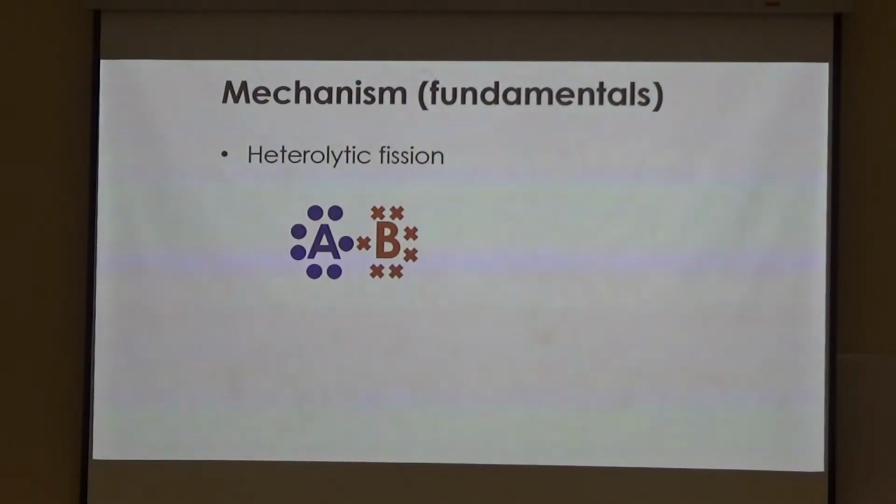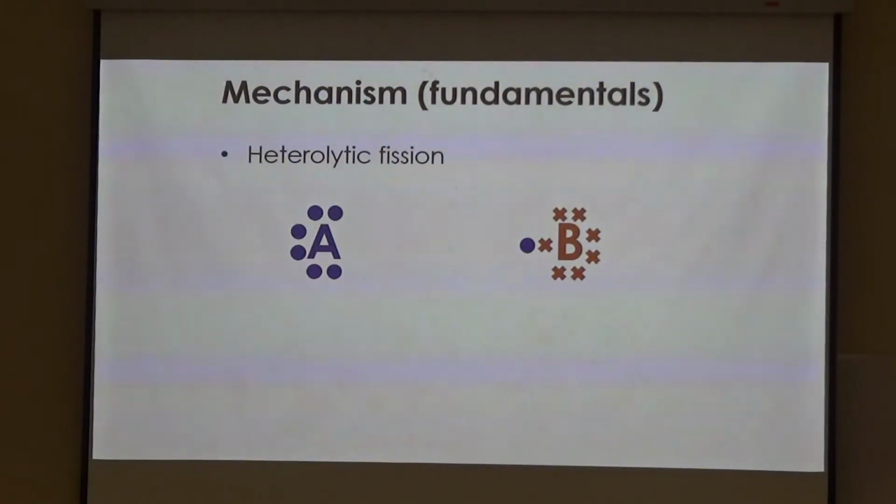I have this molecule, and when it breaks, the electrons from A are taken by B. Because of that, A will have a plus and B will have a minus. So I have A plus and B minus, and I depict it with a full arrow. We call this heterolytic fission.